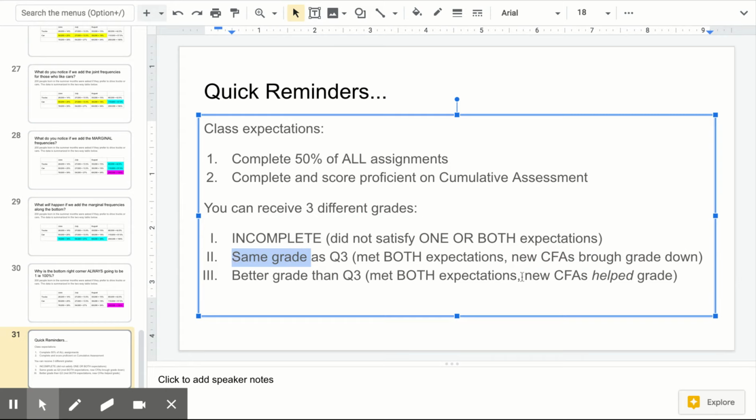If those new CFAs help your grade, so say at the end of Q3 before spring break you have an 83, and then with all these new CFAs you end up at a 91, then yes, you'll keep that better grade. But these two will not happen unless you met both of these expectations.